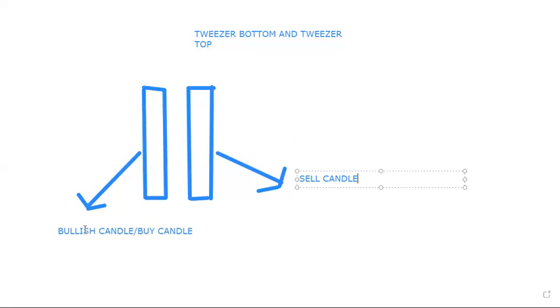Look at the screen. Let's say like this candle, probably it's a clean shaven candle. It's not even having wicks, right? Without a wick, you still have assurance. A wick tells you sellers are in the market when you see it on the buy candle.